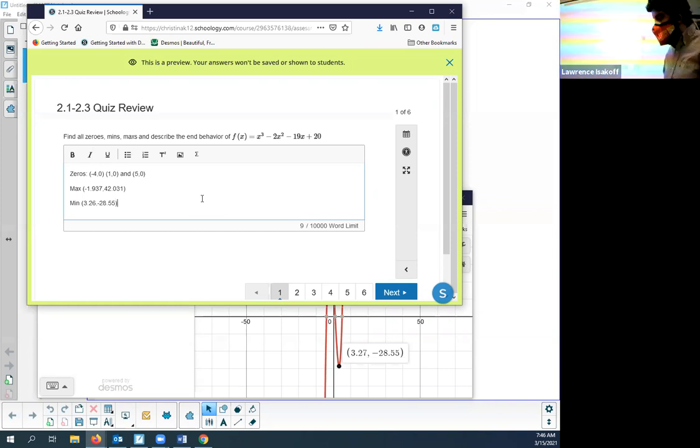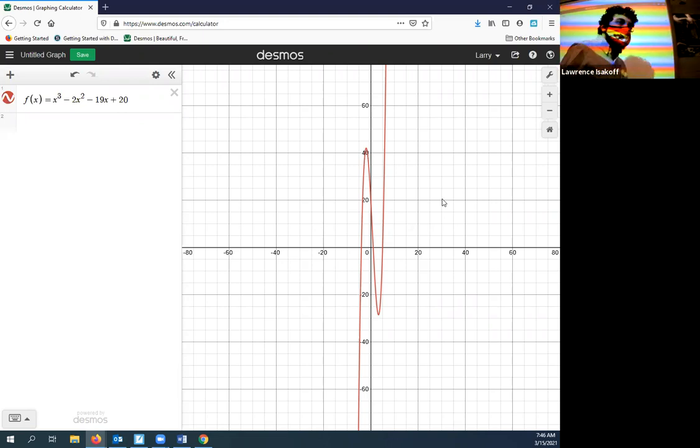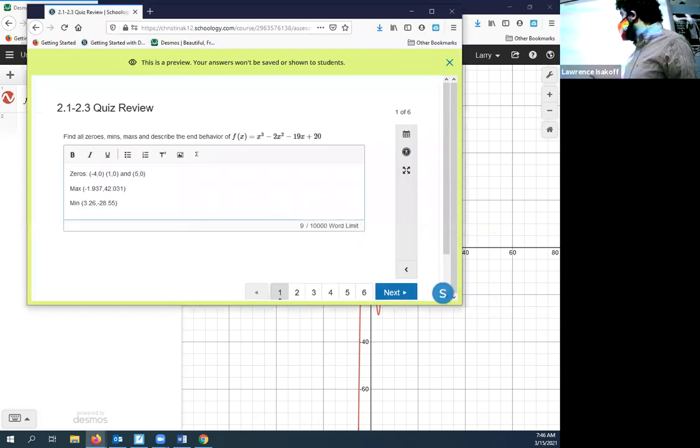Now for end behavior, let's see, the left side goes down forever, the right side goes up. So I could just write it as left goes down, right goes up, and call it a day. We could say it more formally as x goes to negative infinity, f of x goes to negative infinity, and as x goes to infinity, f of x goes to positive infinity as well.